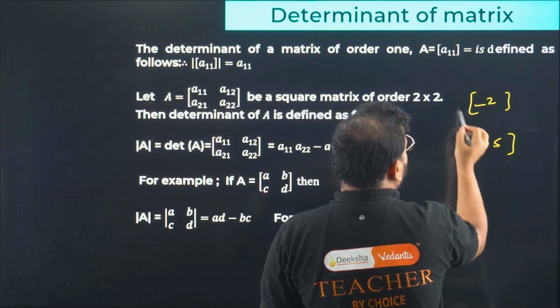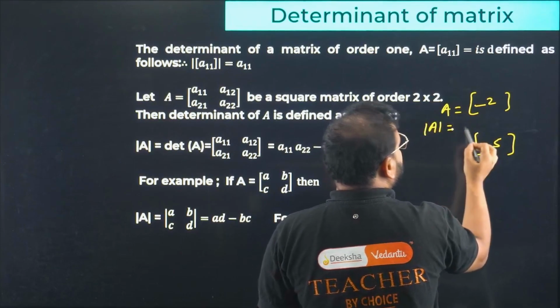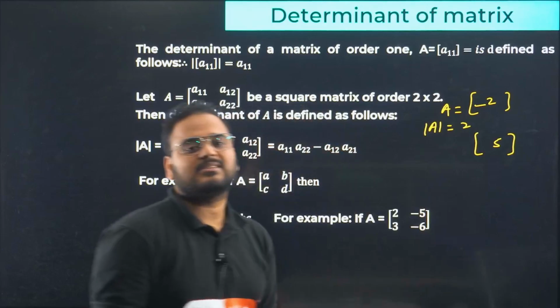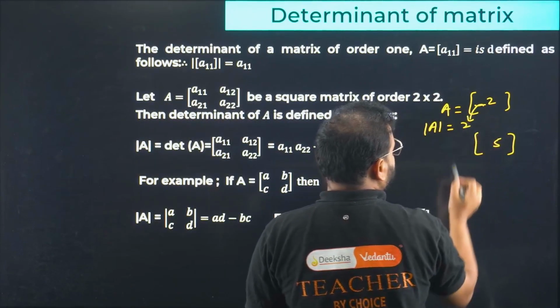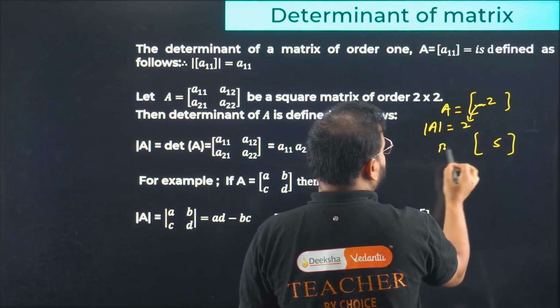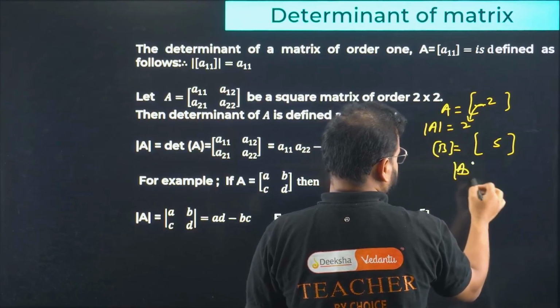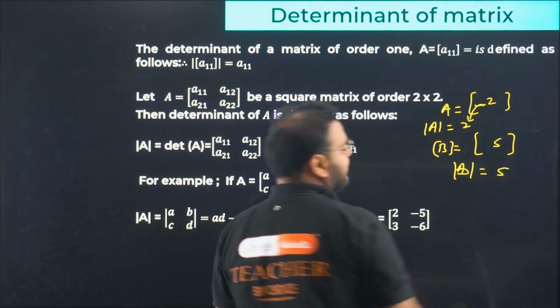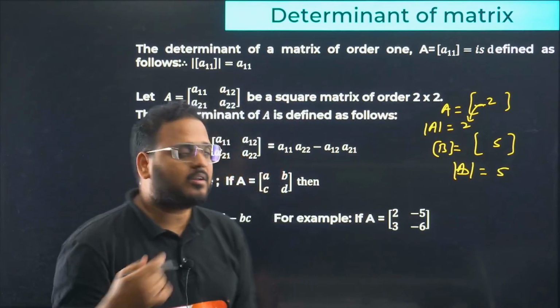If this is my matrix A, my determinant of A will become simply the element itself, so 2. Same here, if this is my matrix B, my determinant of B will become simply the element itself. This is the case of a 1 cross 1 matrix, basically an order 1 matrix.